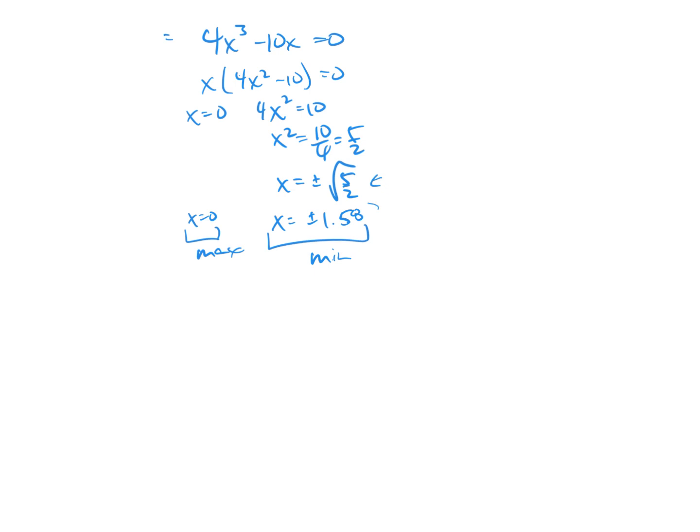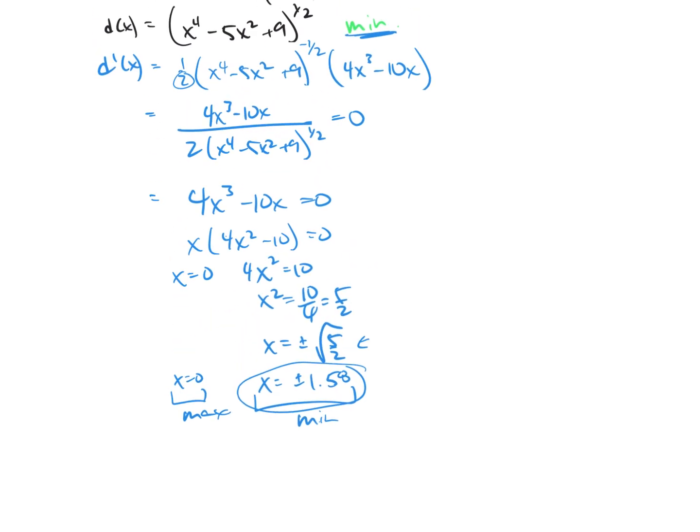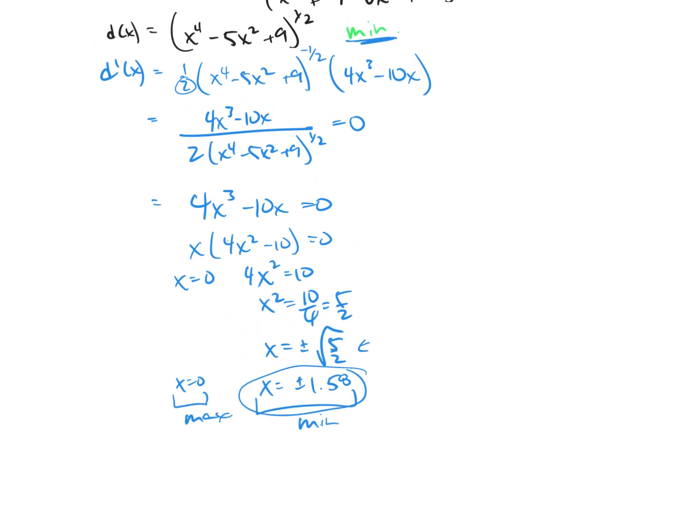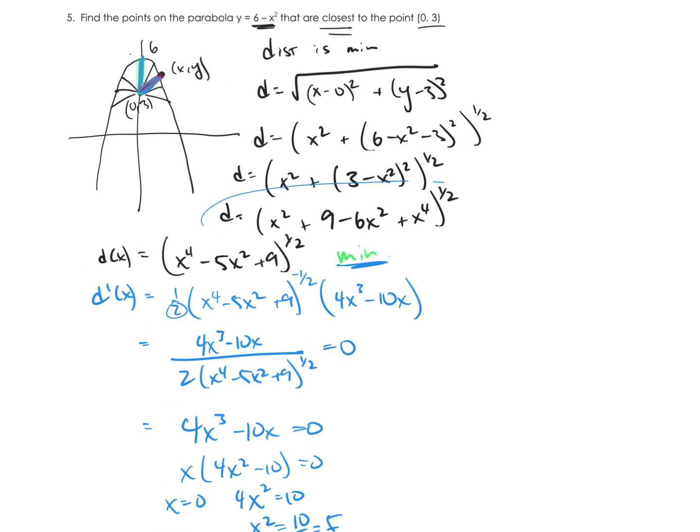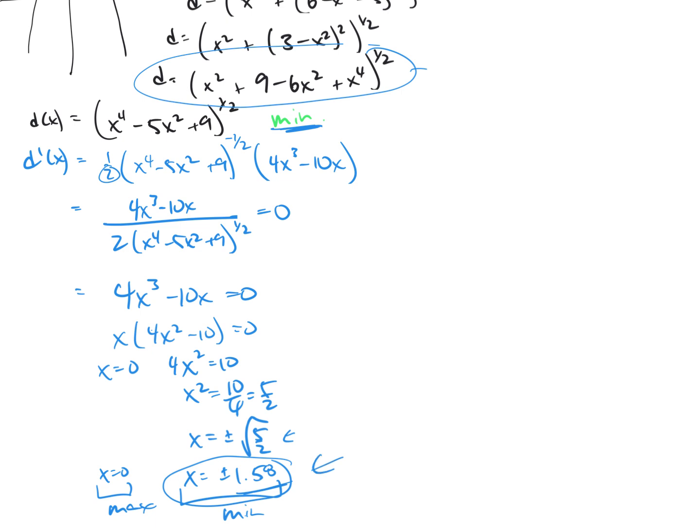And to be honest with you, you would have a calculator for this one. This would be a paper 2, so you would get a calculator. You could also graph this on the calculator and see what you see and recognize that it is indeed this one here that is the minimum.